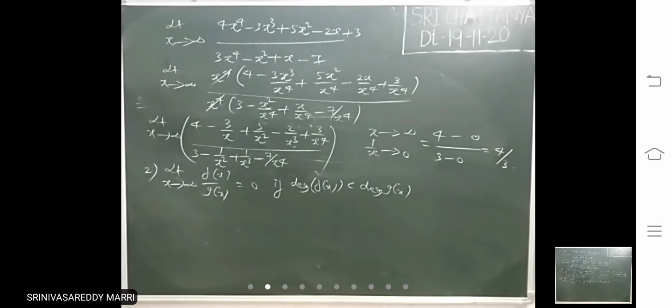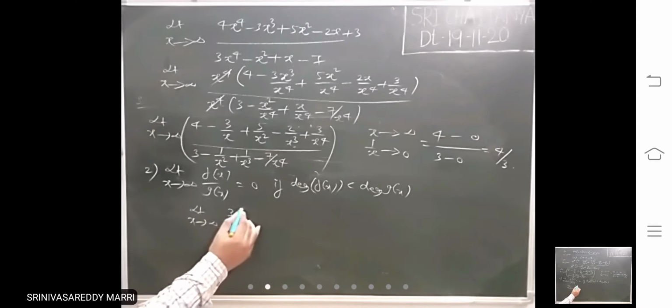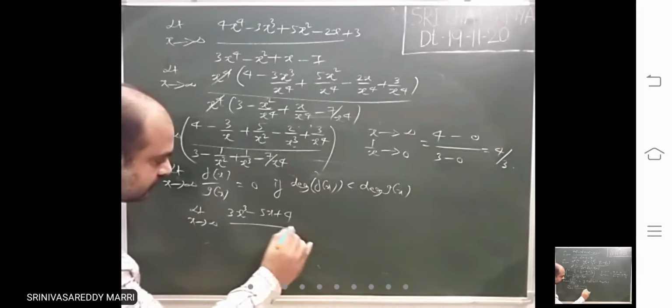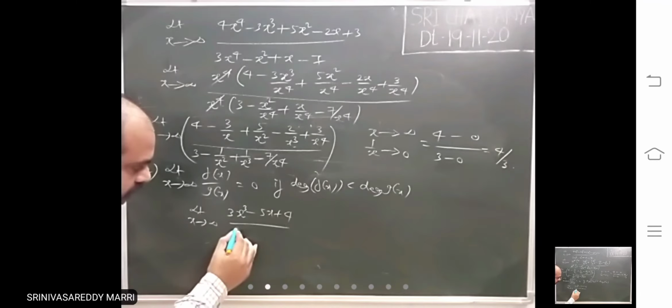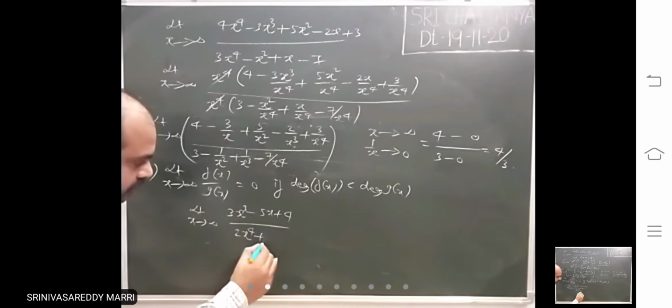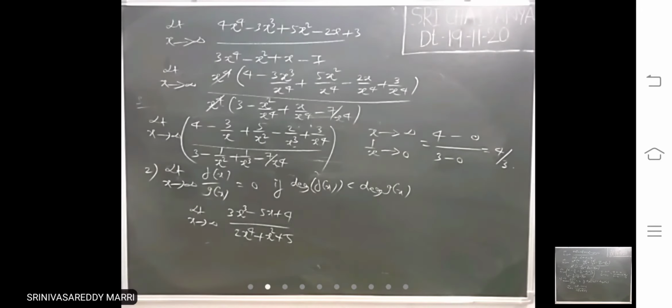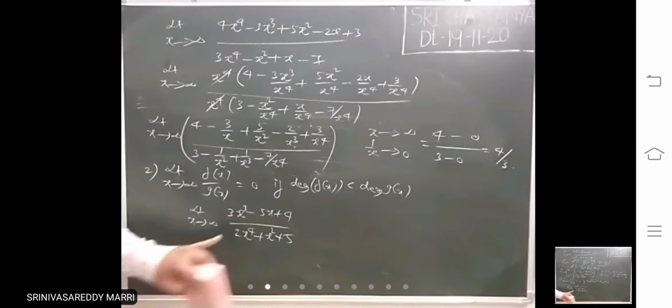When f of x degree is less than g of x degree, take one simple example. Degree is 3, degree is 4.